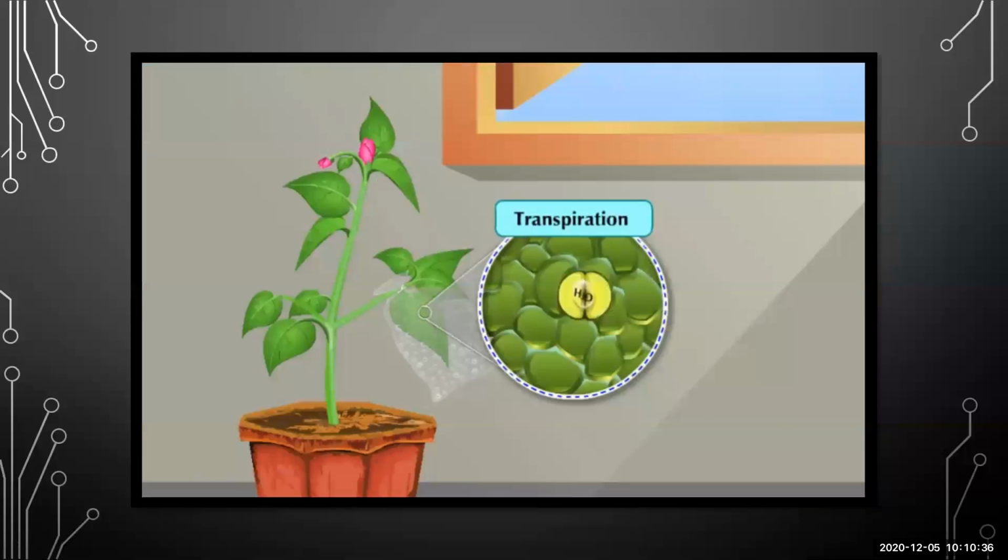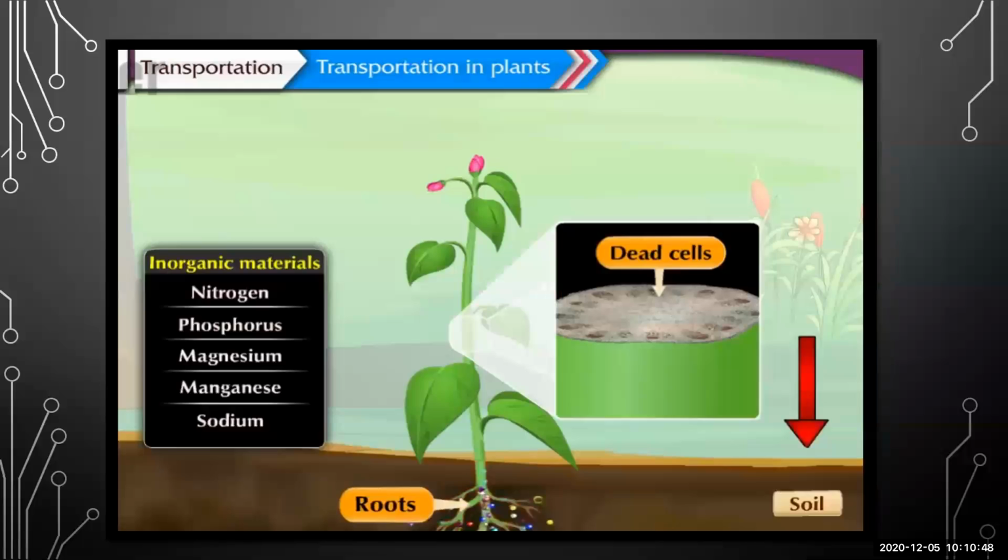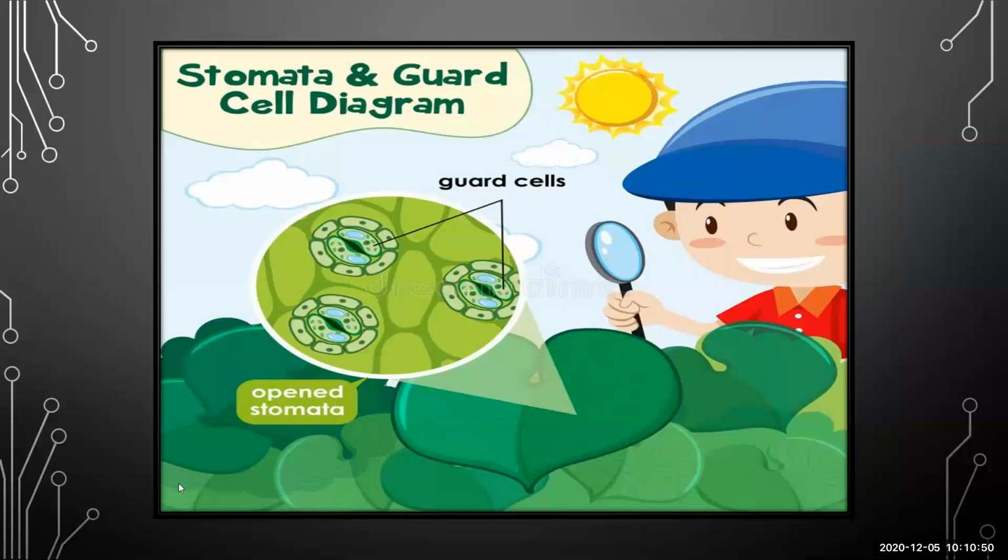You have seen the structure of stomata. This is the structure of the stomata. You can see these are the guard cells. We will see it in detail. This is the structure of stomata, and these are the guard cells which help to close and open the stomata.